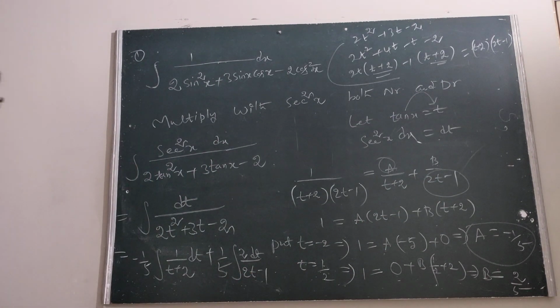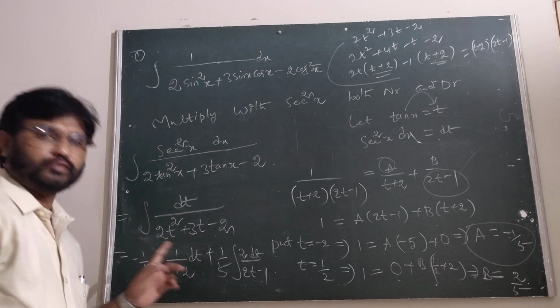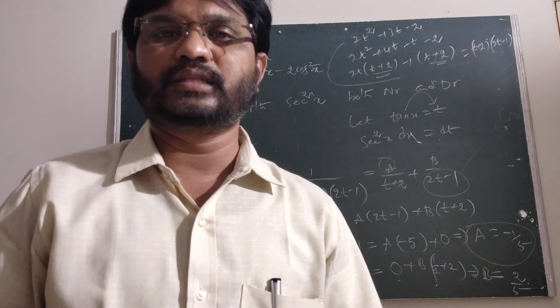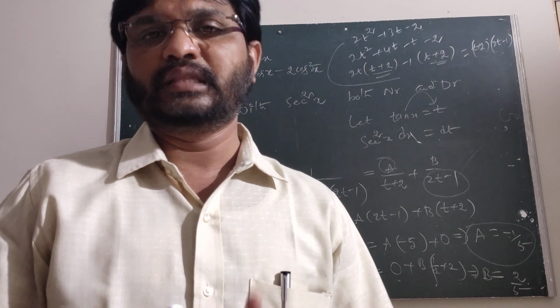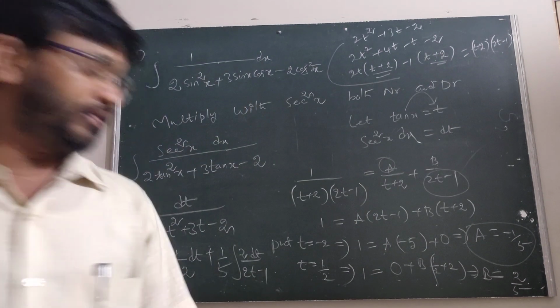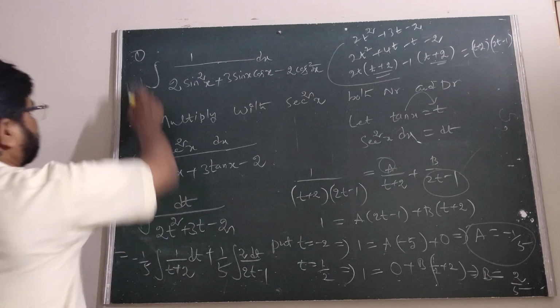So now we know that 1 upon t plus 2 is f dash of x by f of x. We know that the integral of f dash of x by f of x is log mod of f of x. Here the derivative of t is 1.